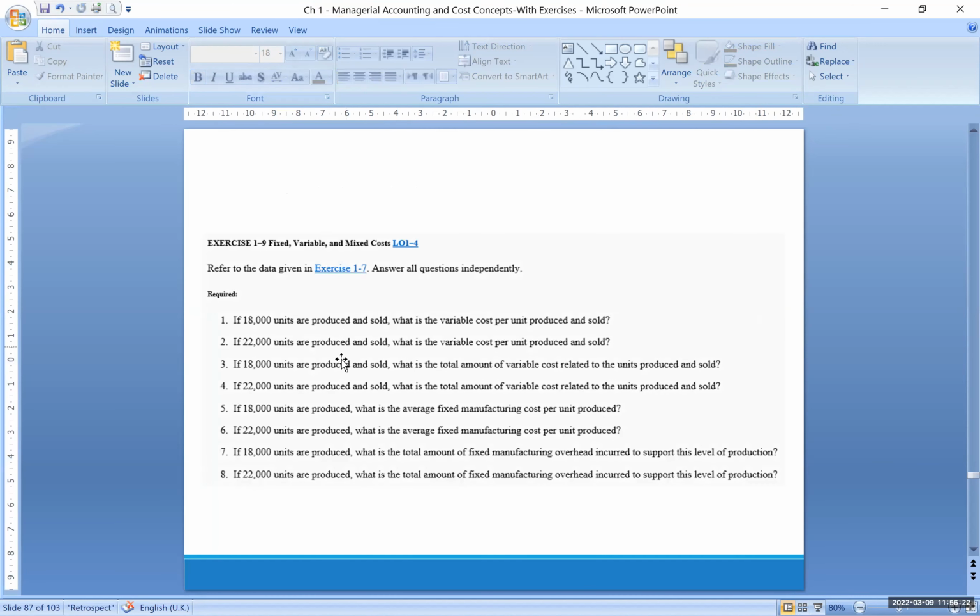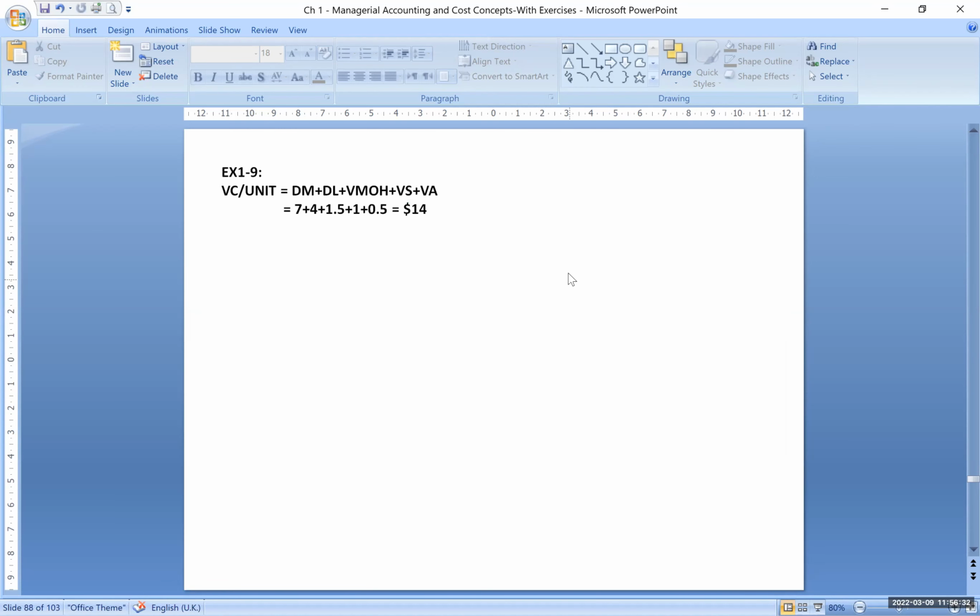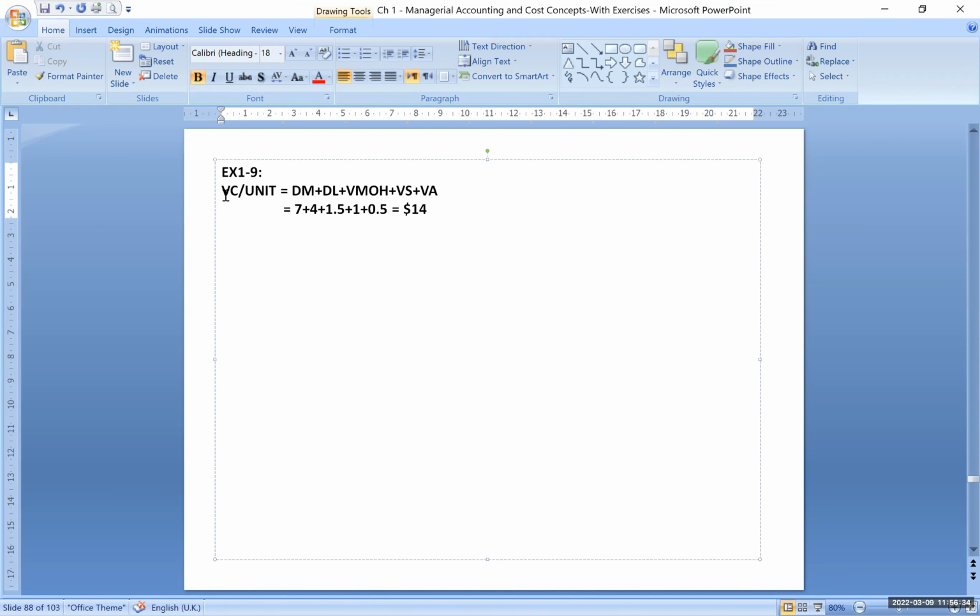The second question: if 22,000 units are produced and sold, what is the variable cost per unit produced and sold? Should be the same. Why? Because we are talking about per unit.